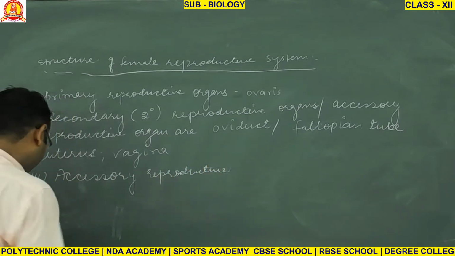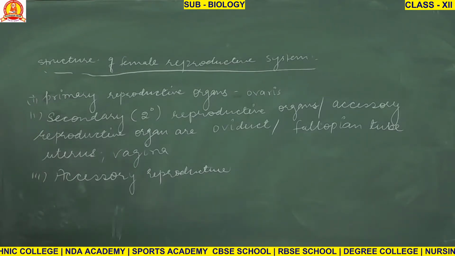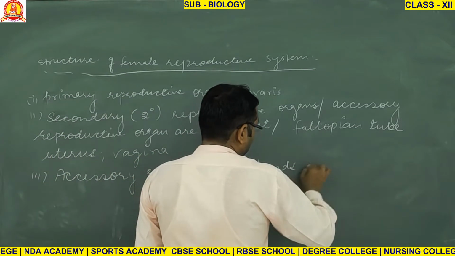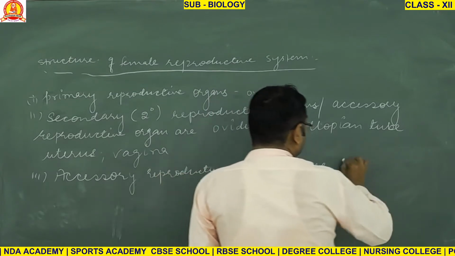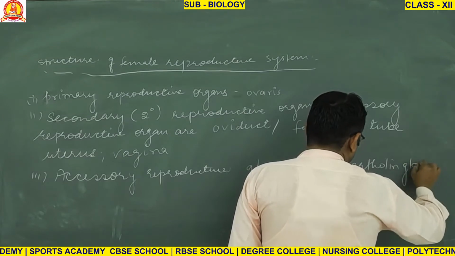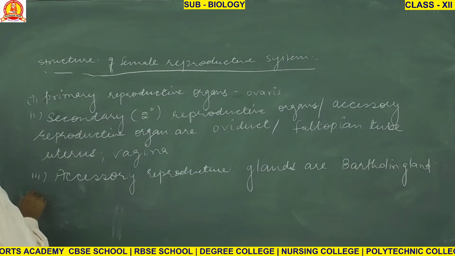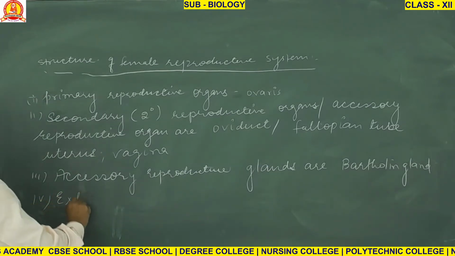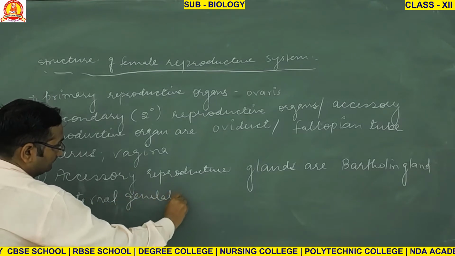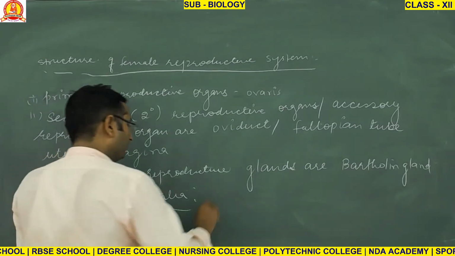Accessory reproductive glands are Bartholin gland. Then after this, external genitalia, also known as vulva.